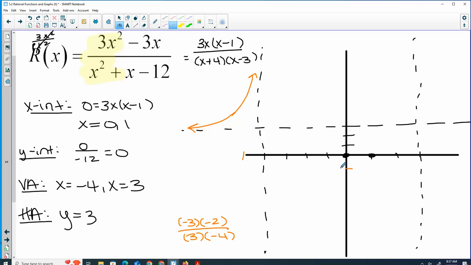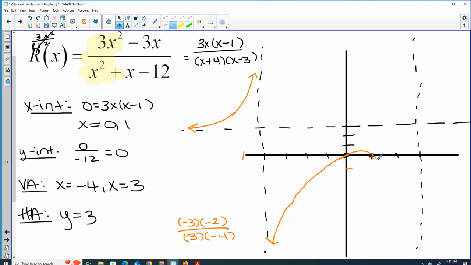Did you get -1/2? Okay. Can it just go flat in between these 2 points? No. So what I know is it's going to come down. So it's going to be getting closer to this vertical. We have to go above, then come back.